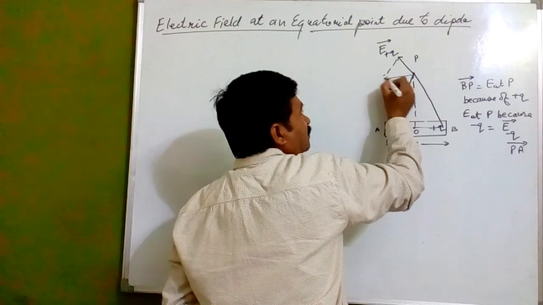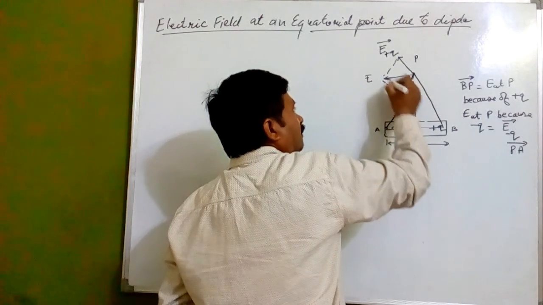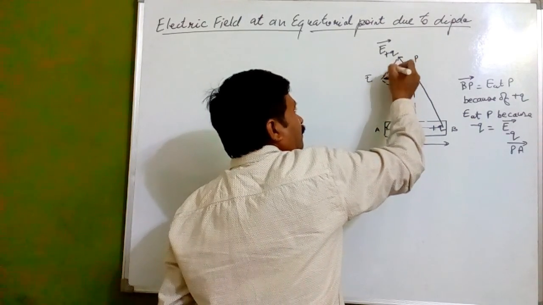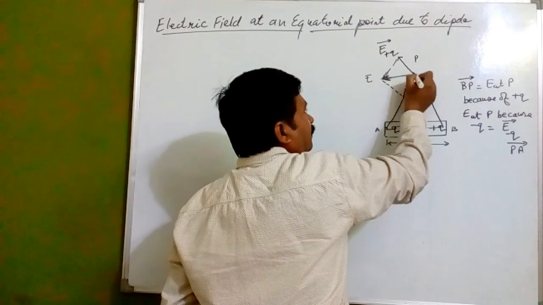We can say this is the resultant electric field E.